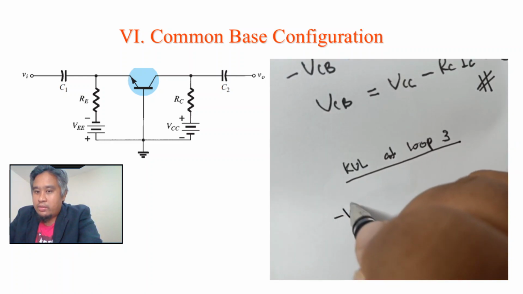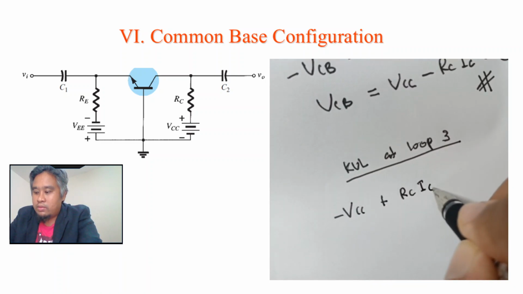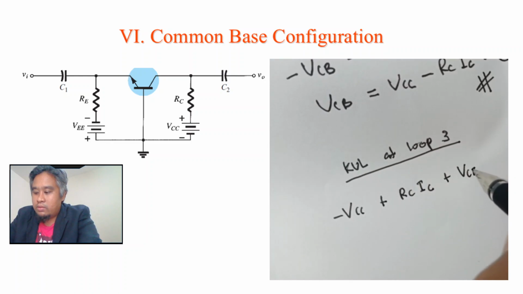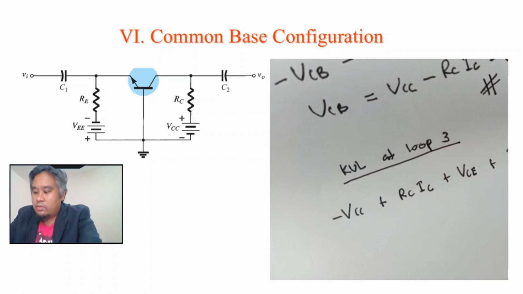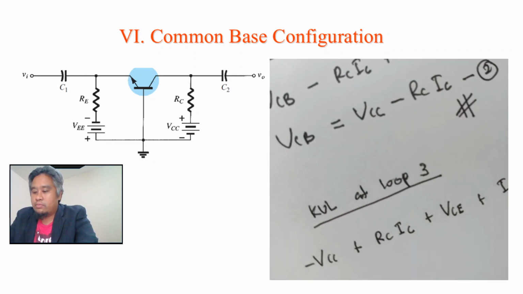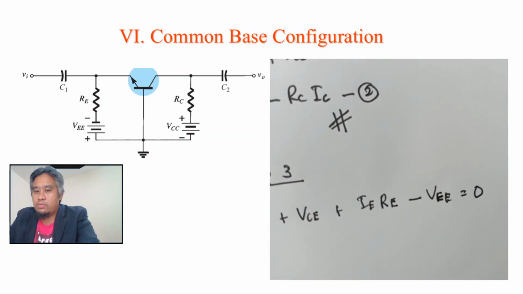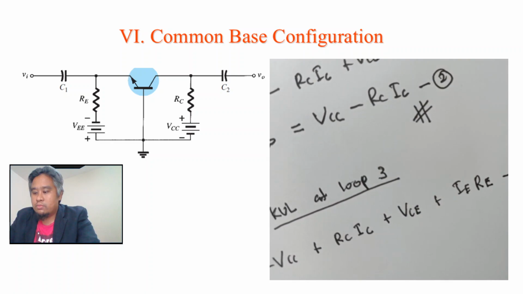So we have minus VCC plus RC IC plus VCE plus IE RE minus VE equal to 0. Is it correct?